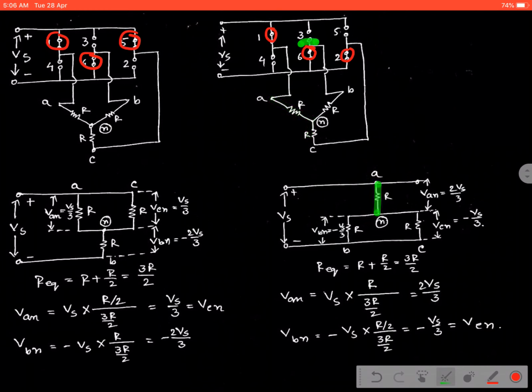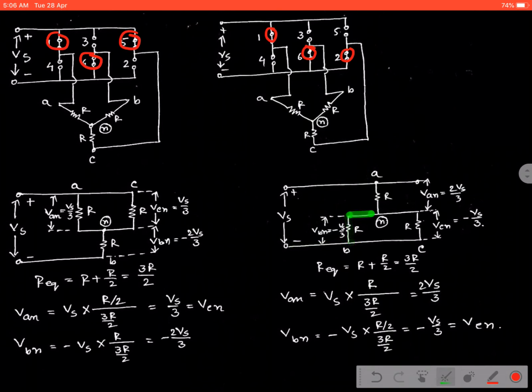Similarly, for switch 6, point B is connected through switch 6 to the negative terminal of the supply, and the other part is through R to neutral. That is why point B is connected through switch 6 to the negative terminal of the supply, and the other part is through the load to the neutral point.